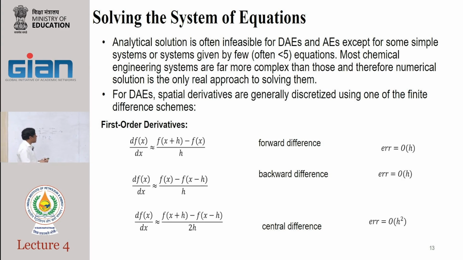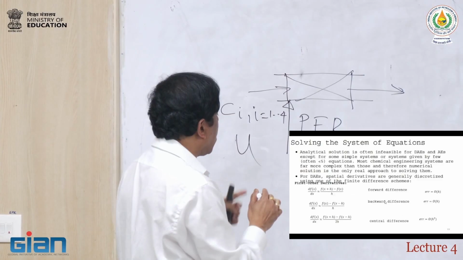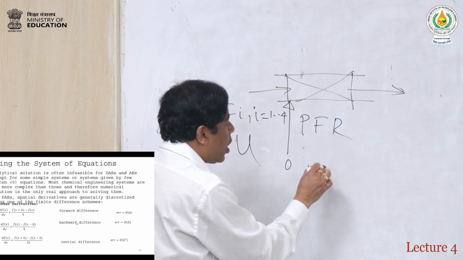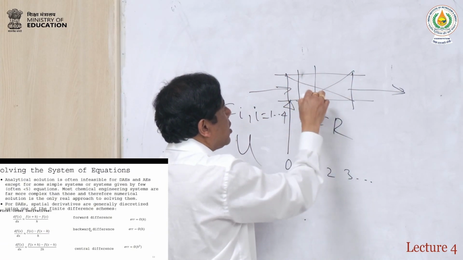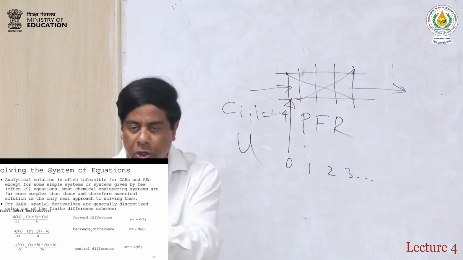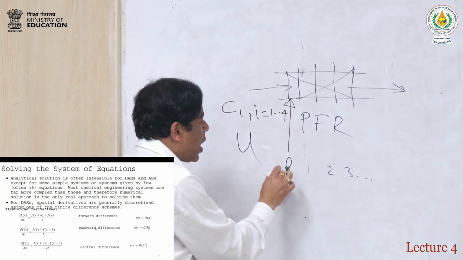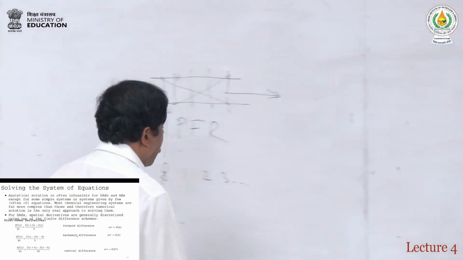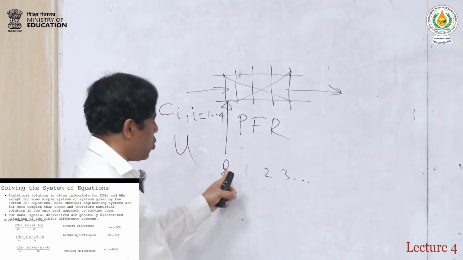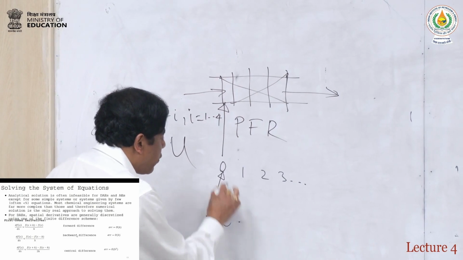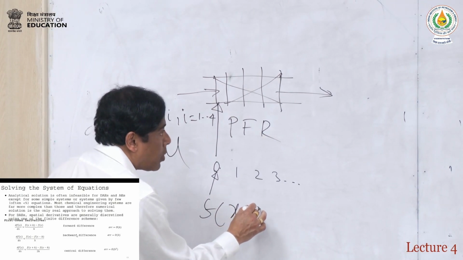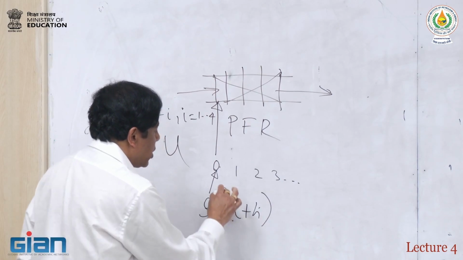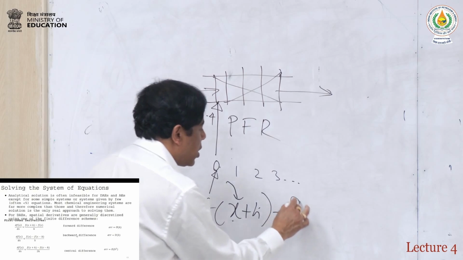If I start at this location, I'm marching onwards. Say I'm discretizing it like 0, 1, 2, 3, so this space is considered as a bunch of discretization points. If I apply this equation at 0, we are saying f of x plus h, meaning the 1st location, minus f of 0.